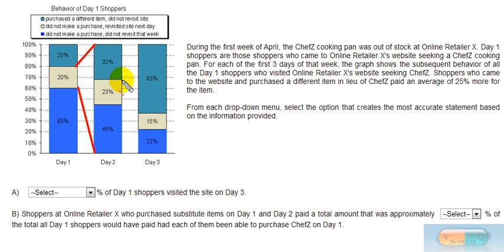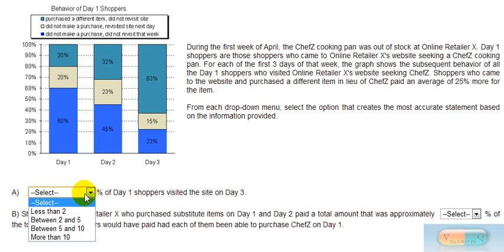So essentially this one revisited again the third day, and so that blows up over here, right? You see this is a blow up of that, and this is a blow up of this. So the question says some percentage of Day 1 shoppers visited the site on Day 3. Okay, so basically of this, how many actually ended up shopping at the site on Day 3?